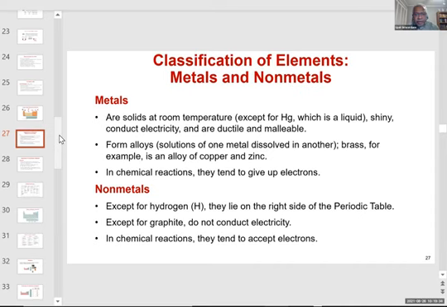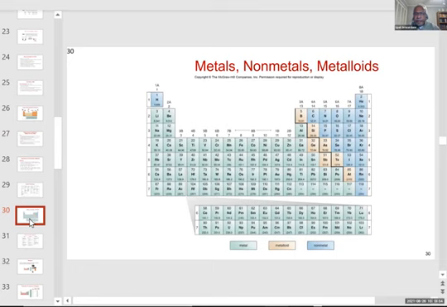Non-metals, except hydrogen, lie on the right side of the periodic table. Except for graphite, they do not conduct electricity. They tend to accept electrons. Let me show you the non-metal metal line here. In the periodic table, the elements in the green boxes are the metals.